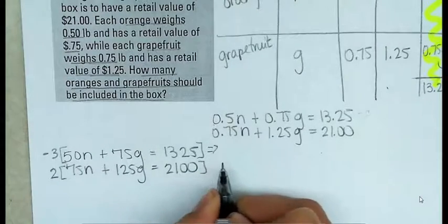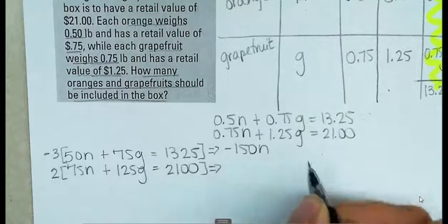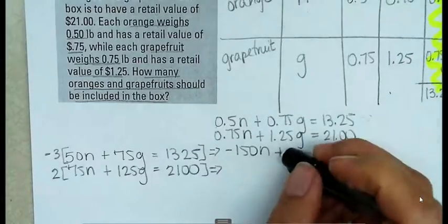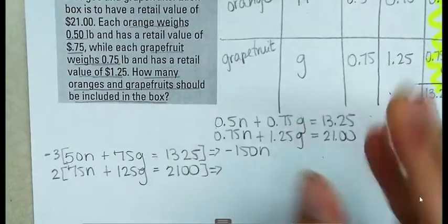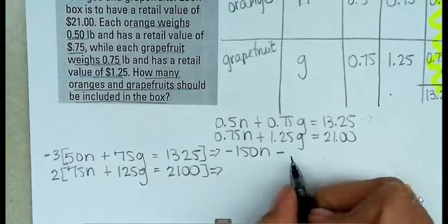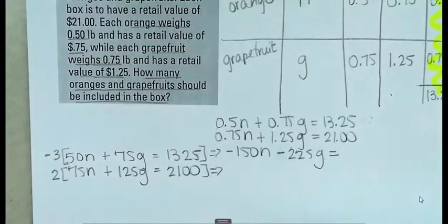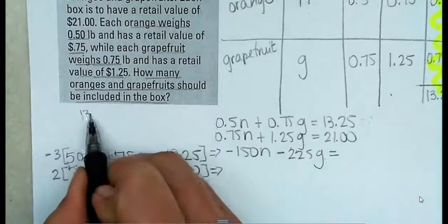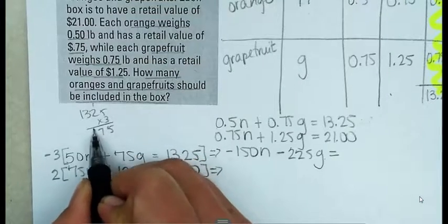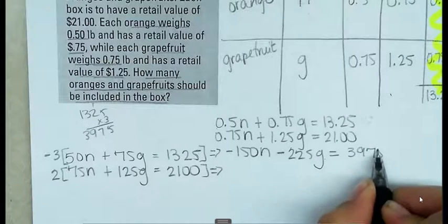So I got negative 150n minus, well, 75 times 3, that's 225, and 1325 times 3 is 3,975, and that needs to be negative as well.